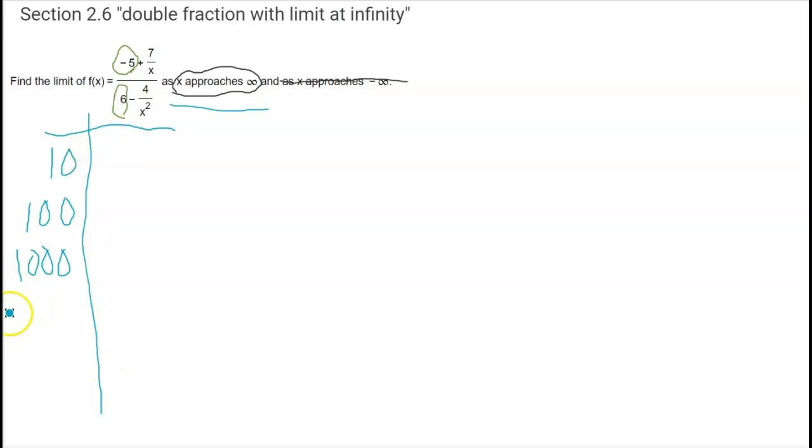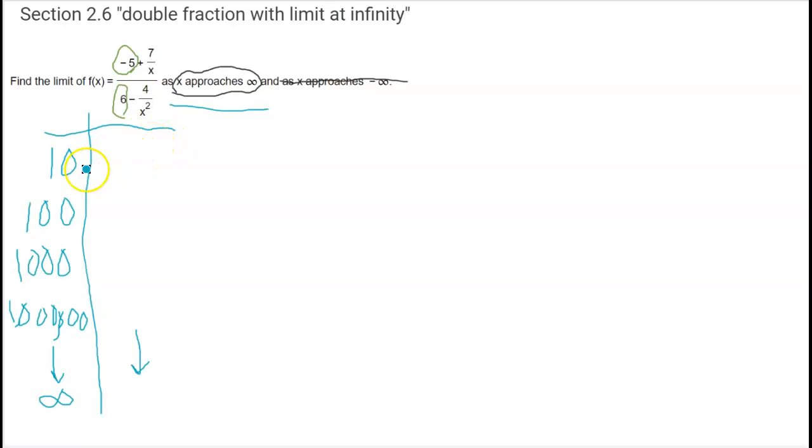Probably I'll skip all the way to 1,000,000 as soon as I figure out those three, because I can probably see the pattern. And then I put infinity here, but it's really approaching infinity. You can't plug in infinity as a number, but we'll see a trend, or we won't see a trend. If there's a trend, then we'll answer with the end of the trend.